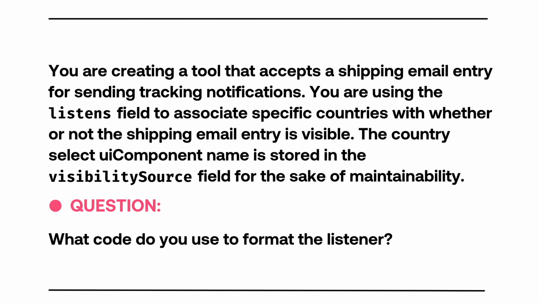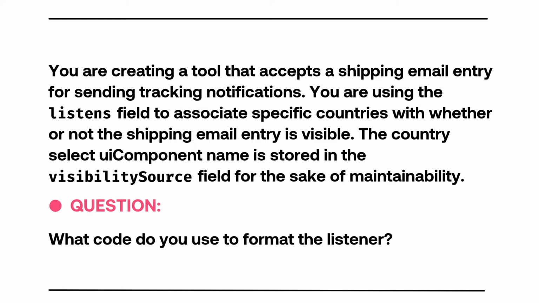So hopefully this has been enriching and building your skill set through this process. So let's jump back in. You are using the listens field to associate specific countries with whether or not the shipping email entry is visible. The country select UI component name is stored in the visibility source field for the sake of maintainability. What code do you use to format the listener?